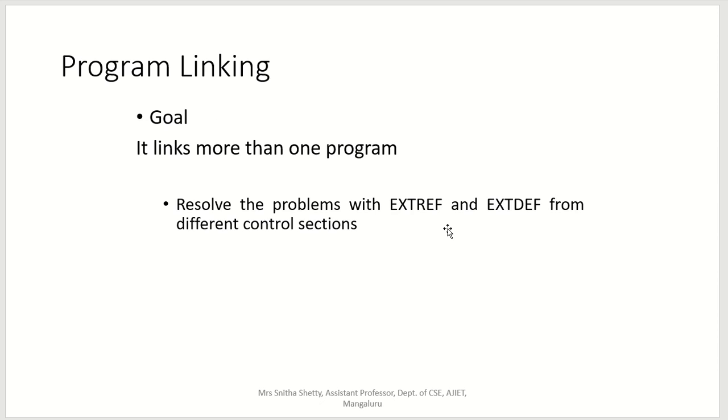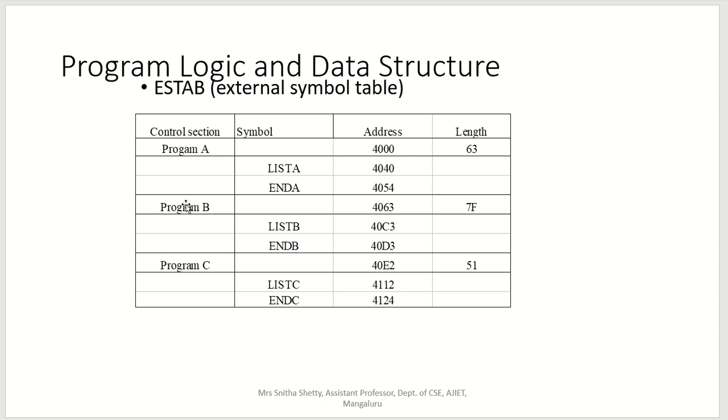Now see list A, here it is 0020. Here it is list B. List B address is 0060 and list C address is 0030. But the starting address has been changed, right?